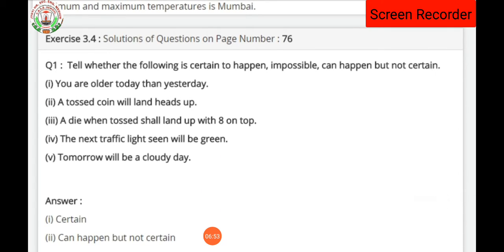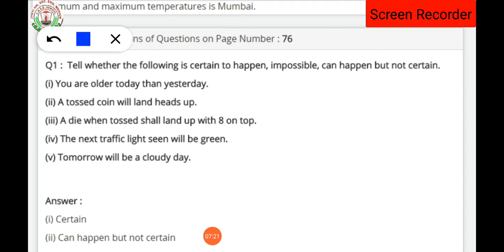Here we are going to see the last exercise 3.4 from chapter number 3. Tell whether the following is certain to happen, impossible, or can happen but not certain. So dear students, we have to read the statement. Probability, do you remember at the starting of the chapter I told you about probability, that it can happen, it cannot happen.